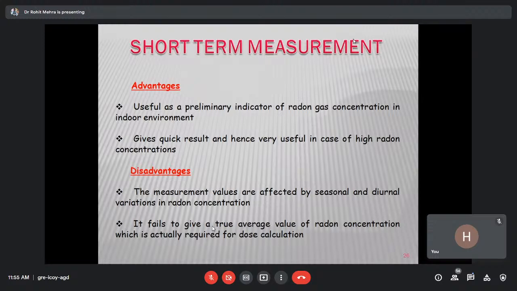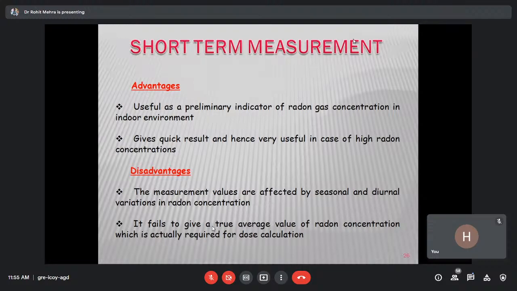I have already told you, by showing that picture of a tree and a person sitting beneath the tree, that suppose there are some concentrations in your area. How much time I spend in your area, that is my dose. How much time you spend in that area, that is your dose. So if you go for long-term measurements, you will get a clear-cut idea of how much effect has taken place within the variation of season.